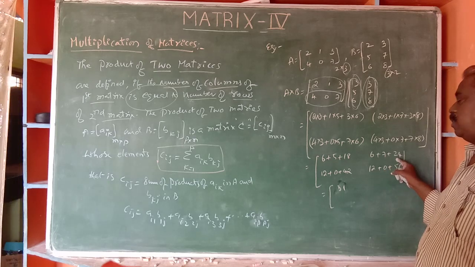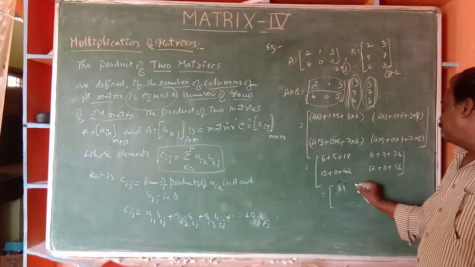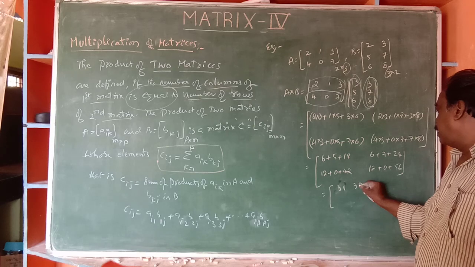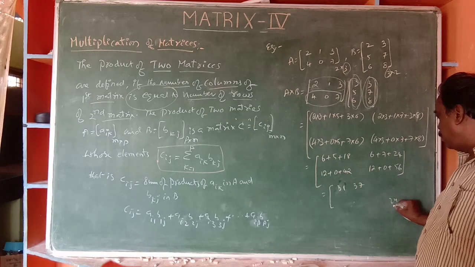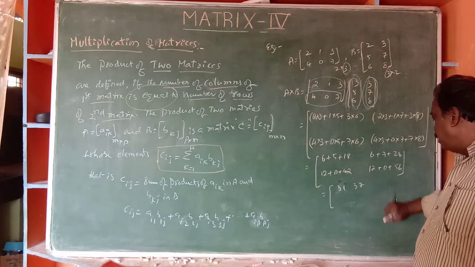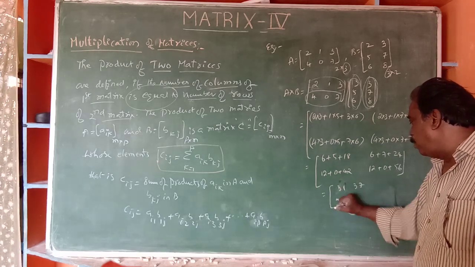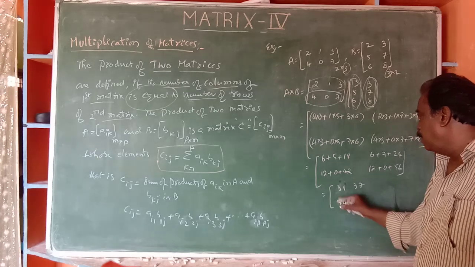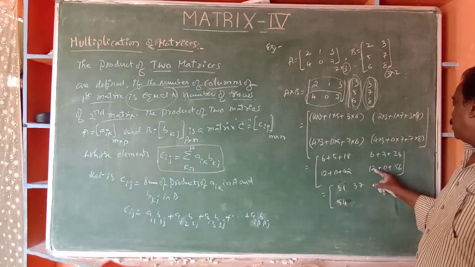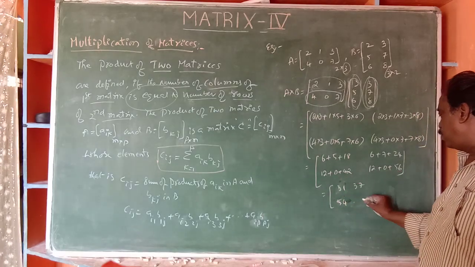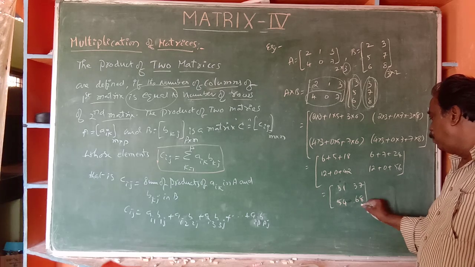Similarly, 13, 24, that is 37. And 12, 42 is 54. Here it is 8, 68. Okay now?